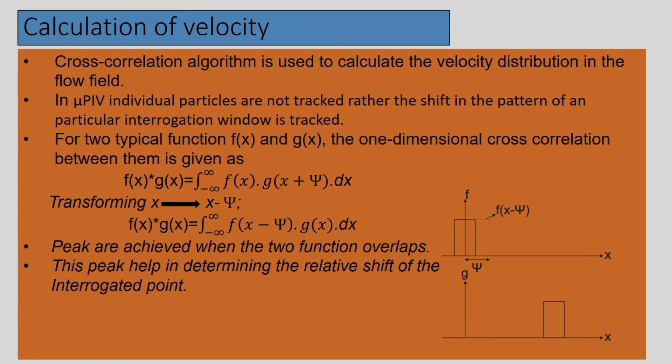So in the second frame it will have g(x plus psi), transforming from x to x minus psi. That means I have captured an image in the first frame, this is now advanced, and another image, of the final positions, is captured in the second frame, that is g.